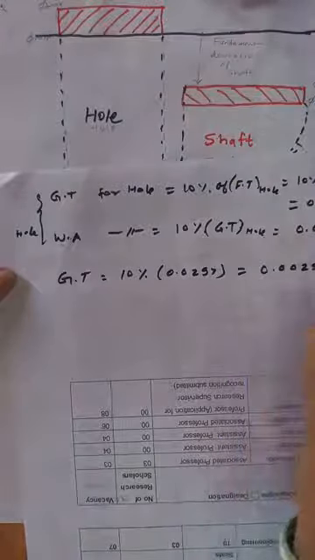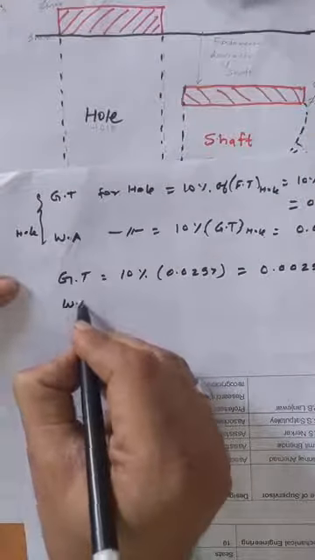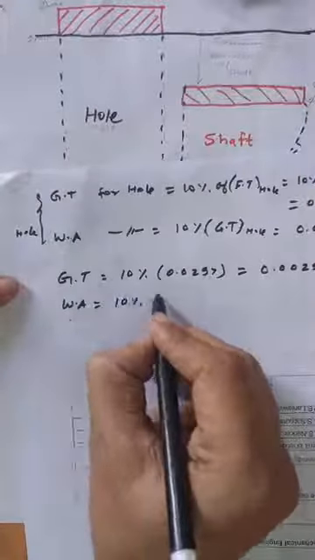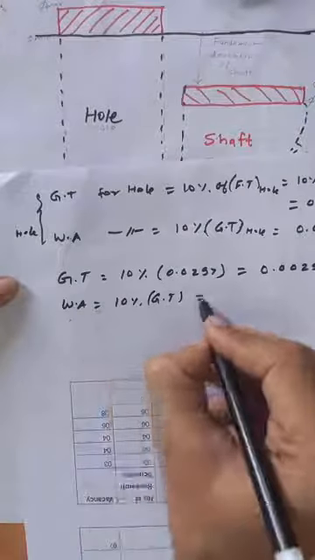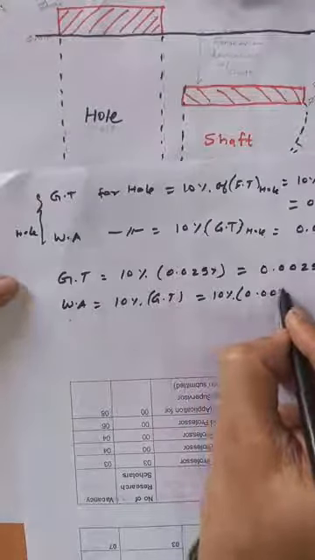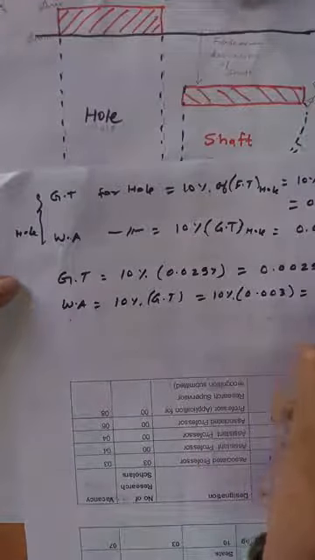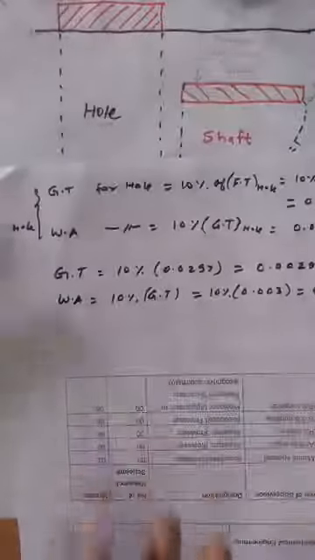We can write it as 0.003 mm. Then the wear allowance is 10% of this gauge tolerance, so 10% of 0.003 comes to be 0.0003 mm. Okay, so all these values we are having.